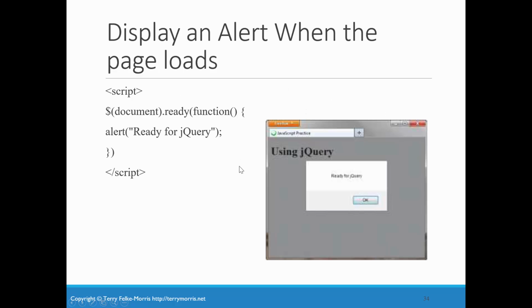Now, the example they show here is a silly example because what does this buy you? It really doesn't buy you anything. But what you should realize is it works exactly the same way as if we had written our own JavaScript function and put it in there. In fact, in essence, that's what we've done.